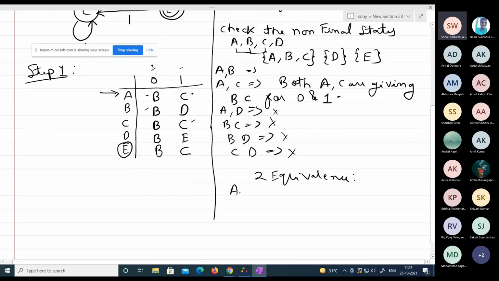Check AB, A and B. Are they giving some common values? No, they are not giving. BC, they are also not giving the same values. AC, yes, AC is giving the same value, right? AC is giving me the same value, isn't it?